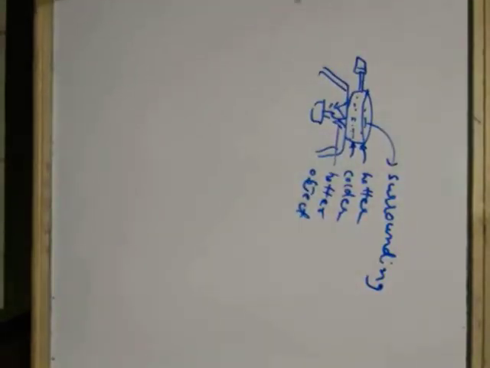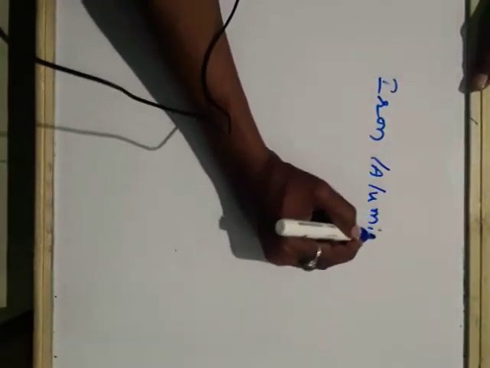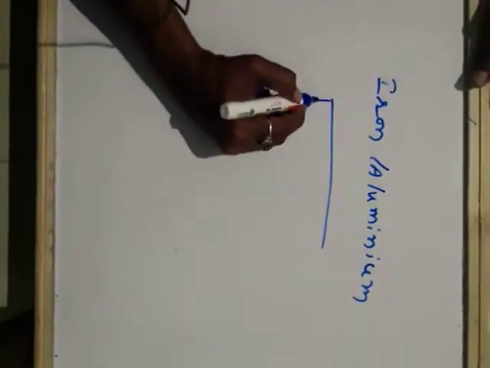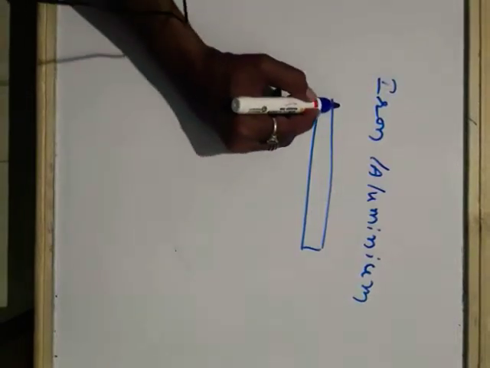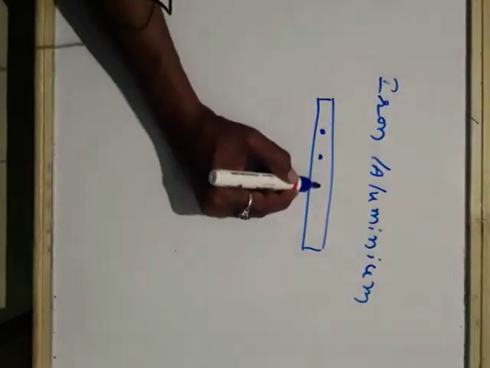I will show you one simple experiment. You take a rod or flat strip made of iron or aluminium. You take a strip like this, and here you fix candle wax.